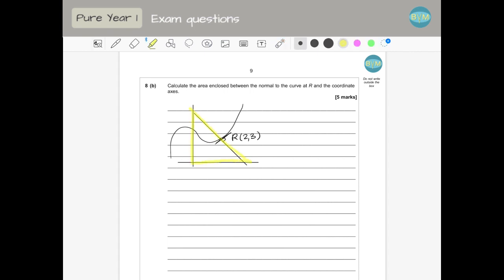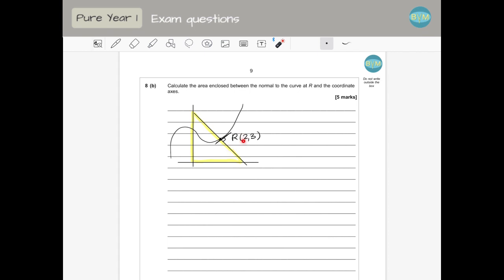So what we can do is find the points of intersection between the normal and the axes, to find this coordinate, which means this length, and this coordinate, which means this length. For that, I'm going to find the equation of the normal.